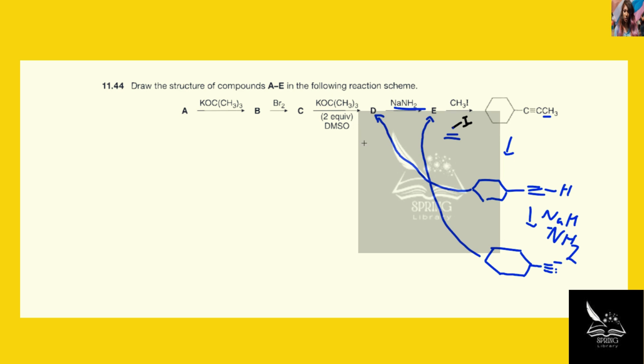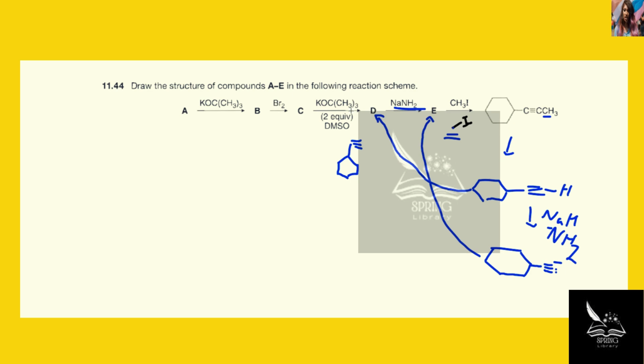Now from D, we need to get C. Let me redraw D here. I redrew D. Here we have some sort of oxidizing agent, two equivalents, and the step before, we add two diatomic bromines, so 4 bromines.